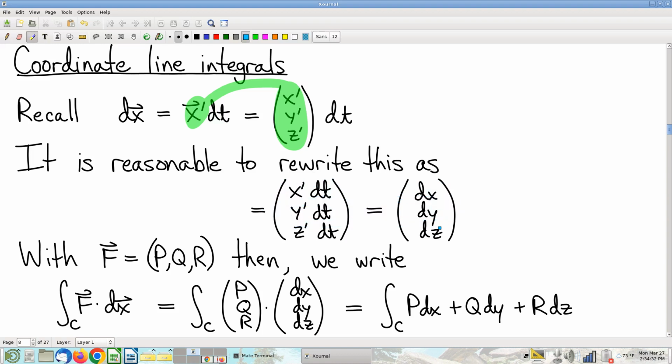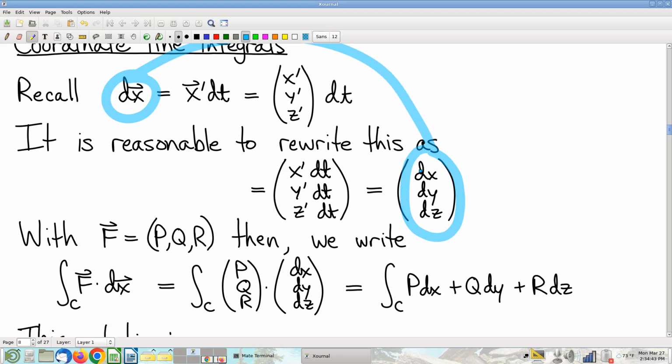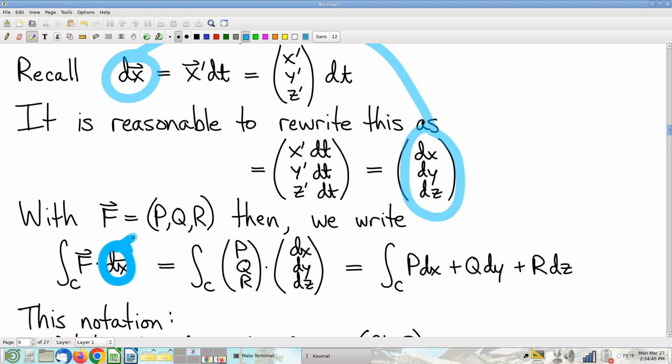So, with this in mind, you can rewrite the dx vector as dx, dy, dz, and you can plug that into your vector line integral formula. The vector field itself is going to have coordinates, and it doesn't really matter, but arbitrarily it's fairly common to call those coordinates P, Q, and R. Whatever.